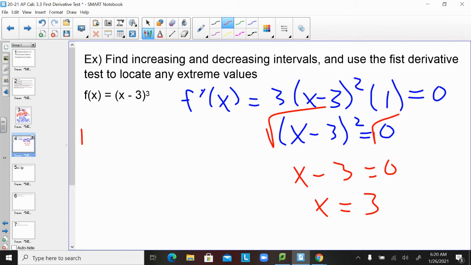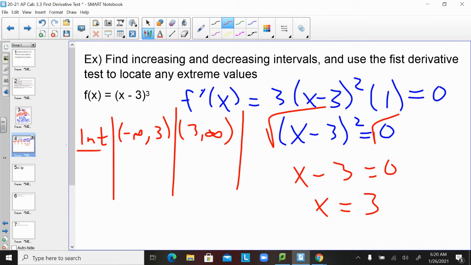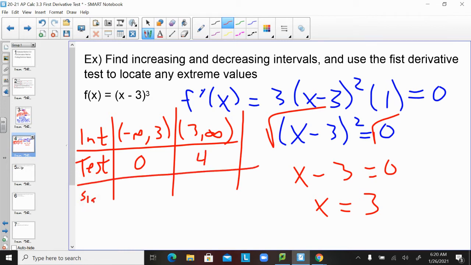So again, my first interval goes from -infinity to 3. The second one goes from 3 to infinity. I need a test value. I'll pick 0 there and 4 there. Again, I'm finding the sign of f prime.